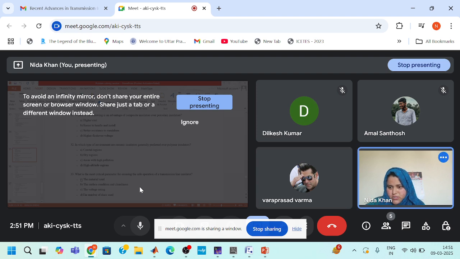Anyone else? Dilkesh, Amal, Santosh? B, ma'am. Correct option is B, that is surface condition and cleanliness.